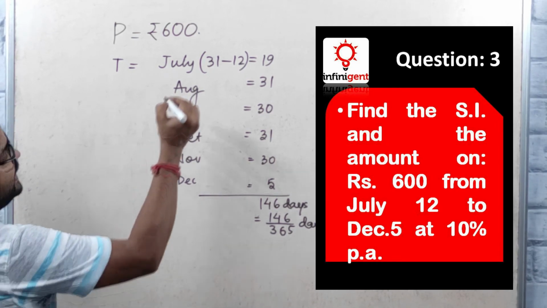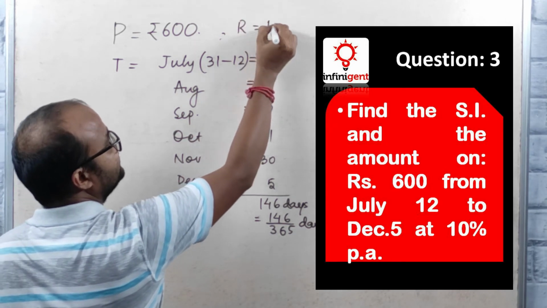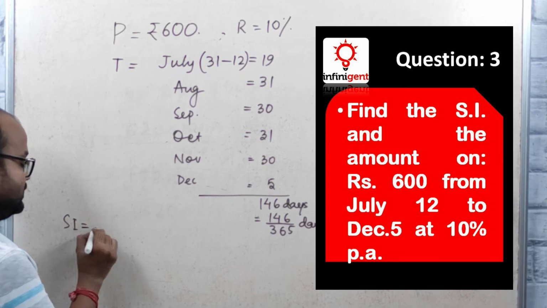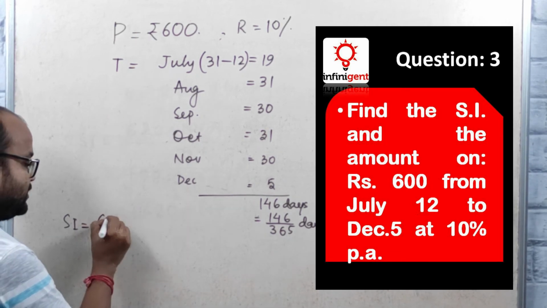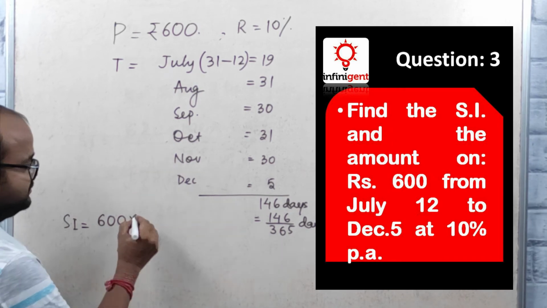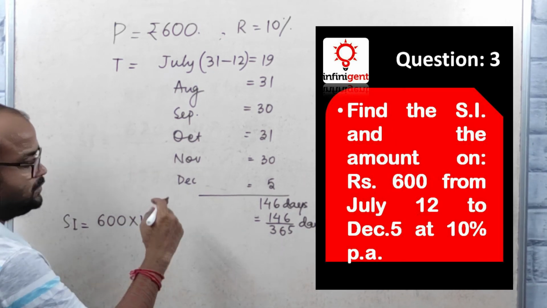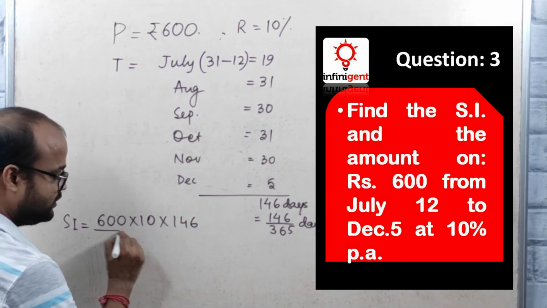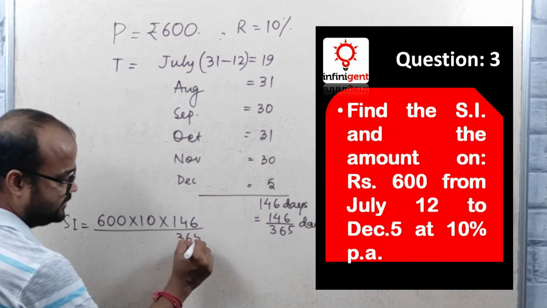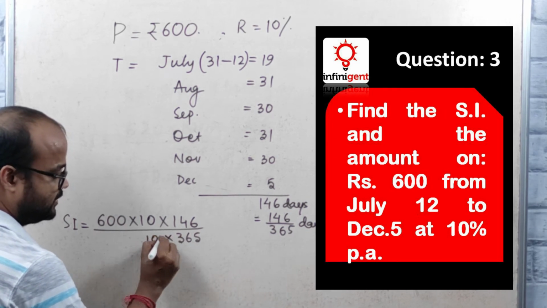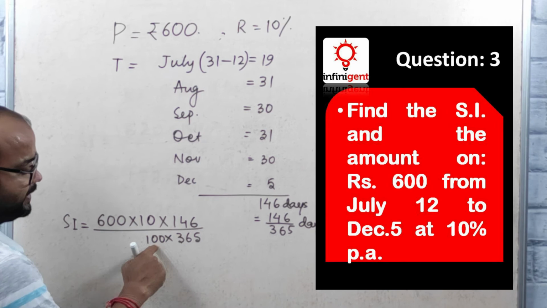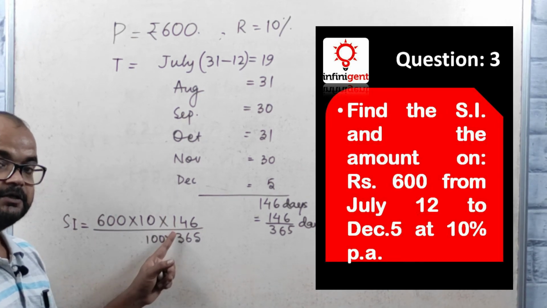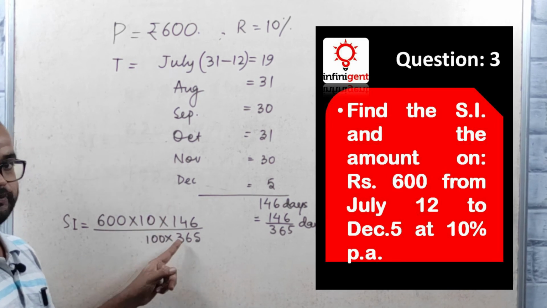And rate is given as 10%. So SI equals to P, that is 600 rupees, into R, 10, into T, 146 by 365, by 100. Whenever there is a fraction in the numerator, then it comes to the denominator.